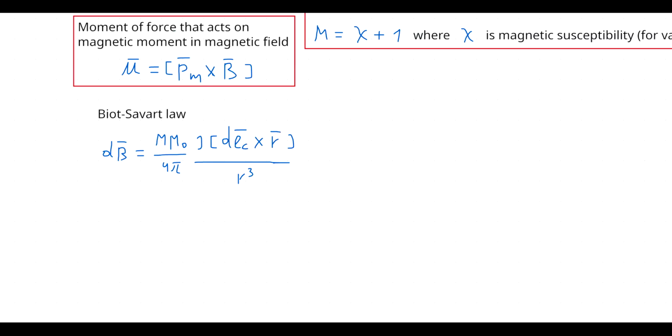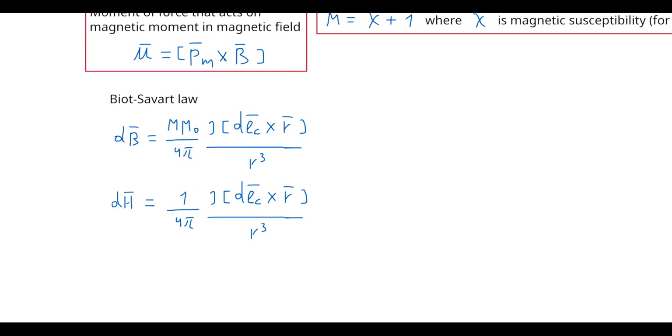I can write dH is equal to the same, but it is necessary just to remove this mu 0 and write 1 divided by 4 pi.